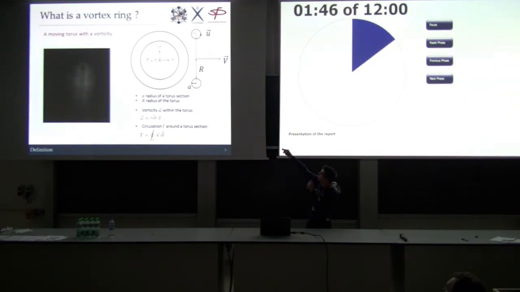We have speed little u, so the fluid is swirling around a torus section like that, and it induces a velocity v, and the vortex propagates. And so we have the circulation gamma around a torus section with this definition.